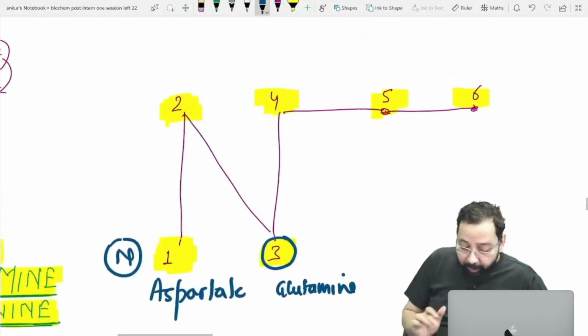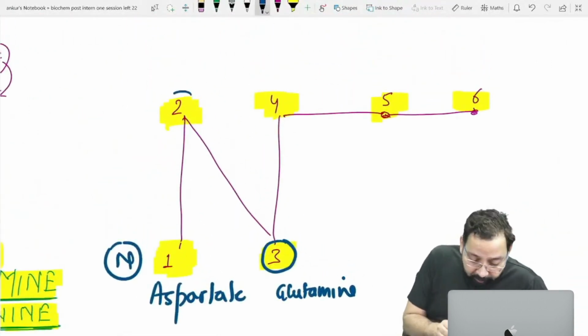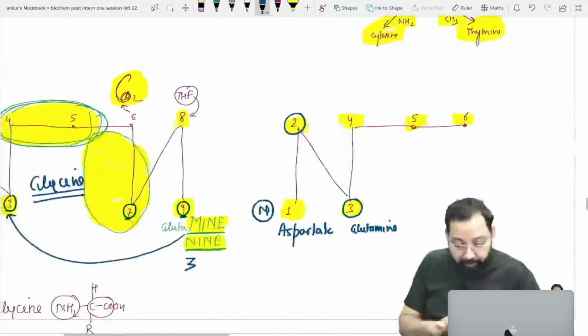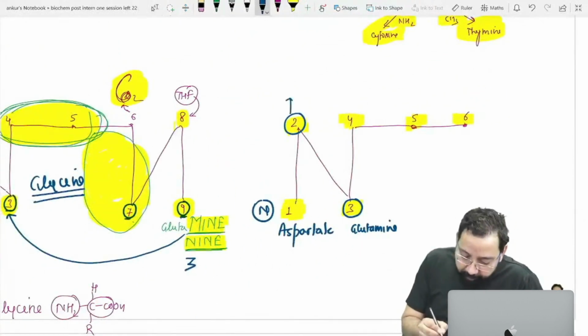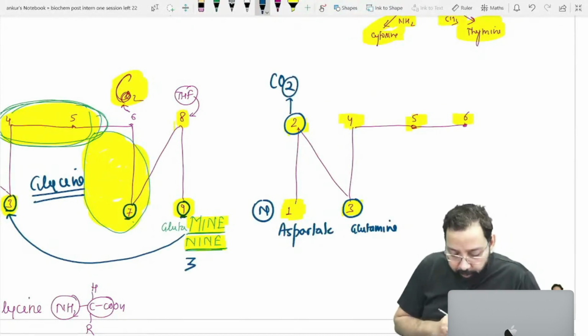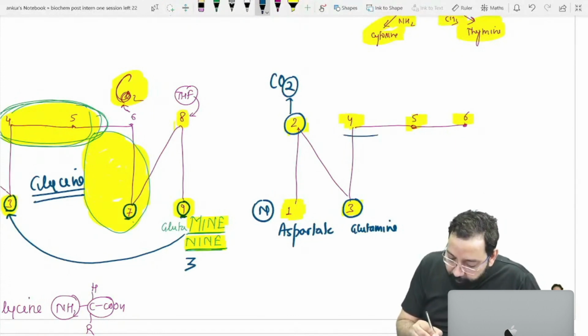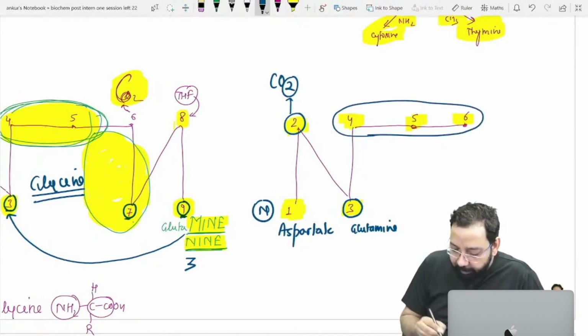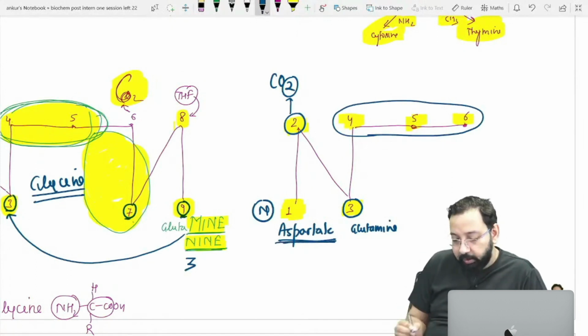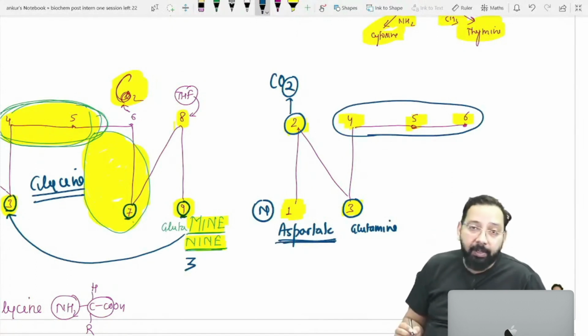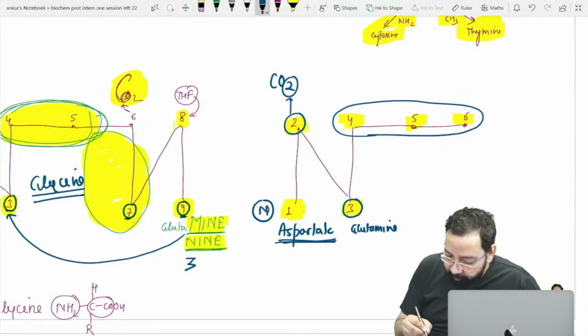In the upper carbons, this is a little bit different. Second is contributed by CO2, and this 4, 5, 6 is contributed by aspartate only. So aspartate mainly participates.